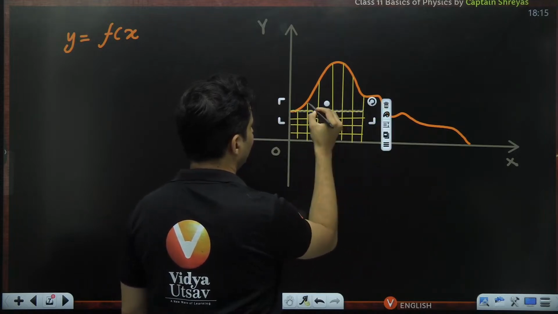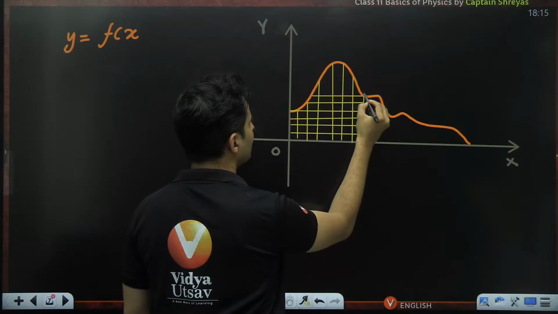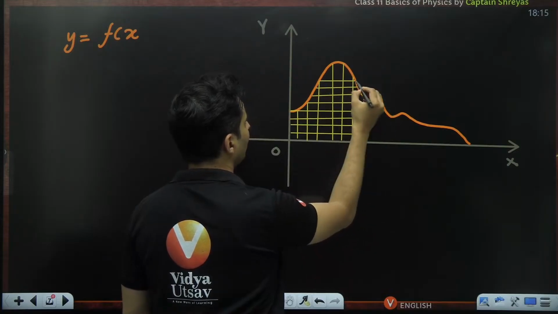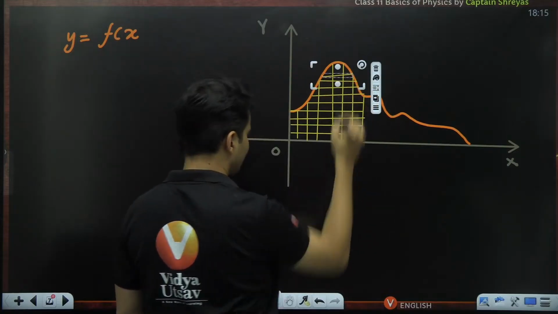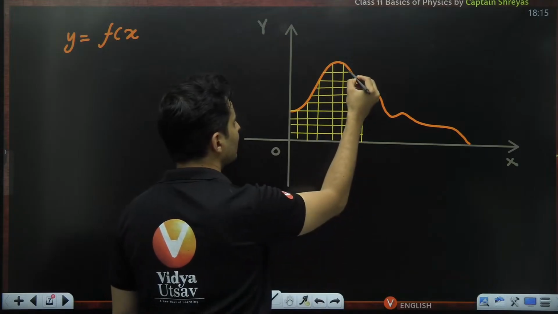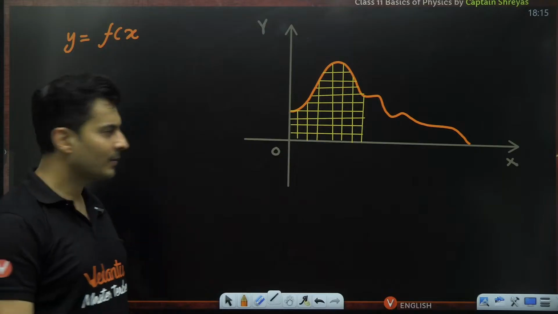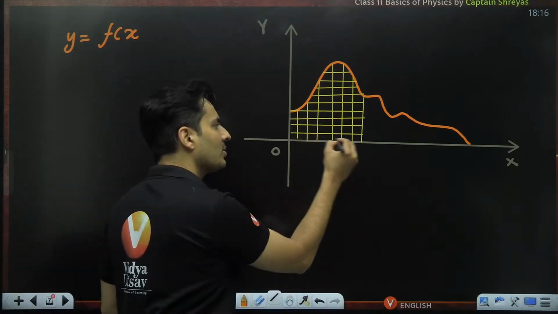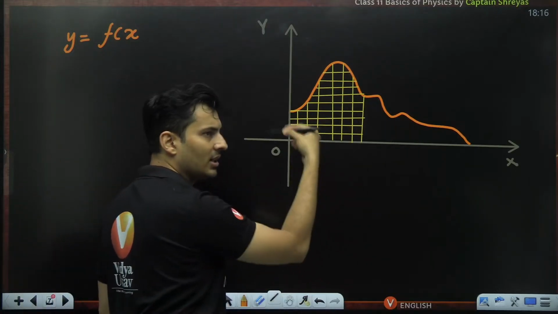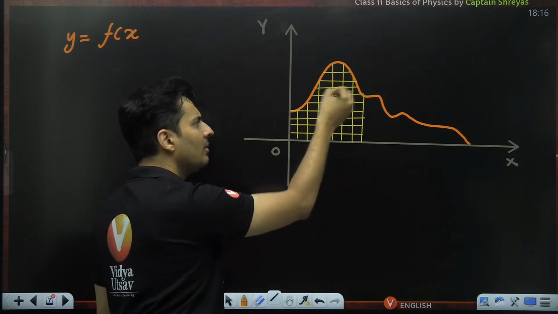You might have studied this at school level. You count the number of full squares, half squares, and then you try to figure out how much is the area under that graph. If you plot this on a chart paper or graph paper, you can measure it.